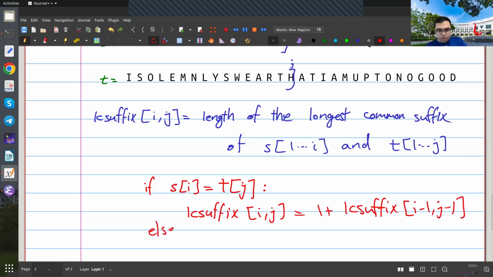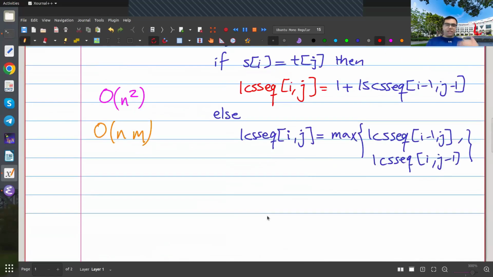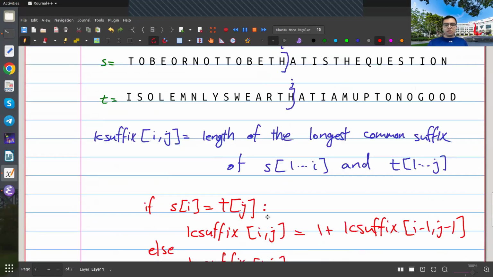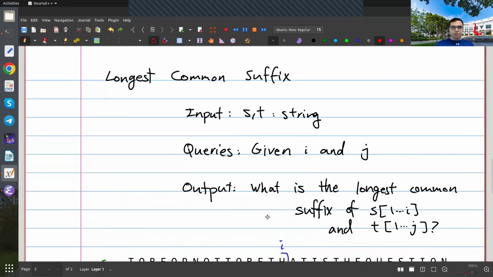Otherwise, the longest common suffix ij is just 0. Okay. And of course, my base case is just like before. If one of my strings is empty, the longest common suffix that they can have has a length of 0. And I can find the suffixes just like before. I can do tracing on my DP. Everything is just like before. And this has the same runtime.